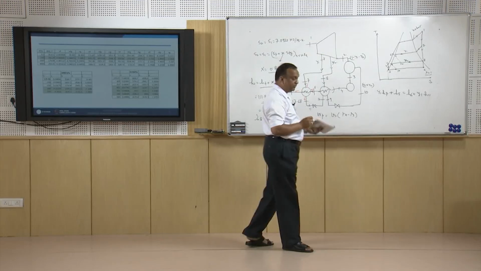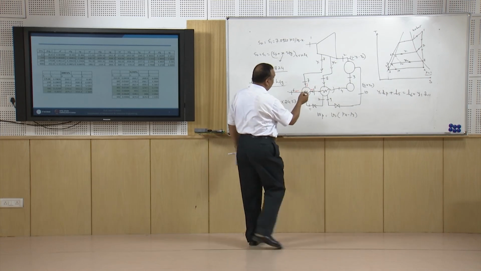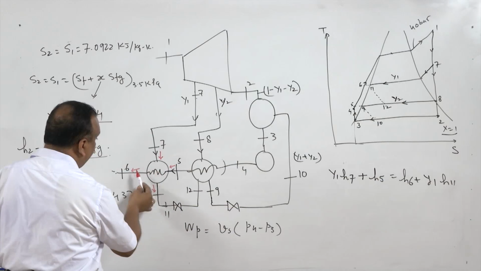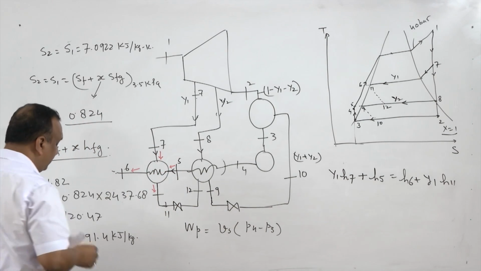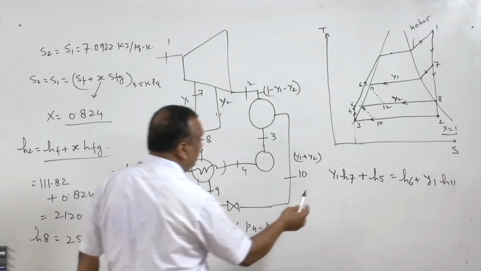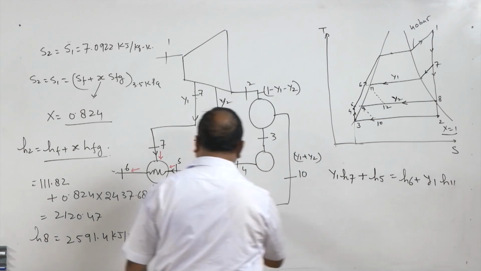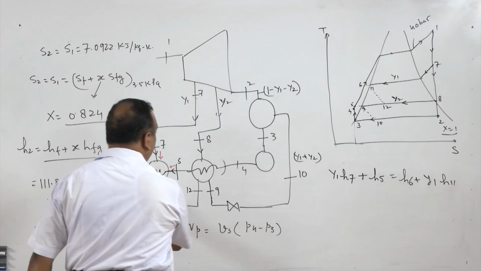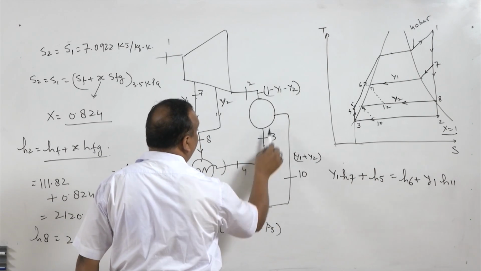Is it clear? Because this you have to understand very clearly, that the enthalpy which is coming to the heater, the sum of the enthalpy of incoming fluid, is equal to the sum of the enthalpy of outgoing fluid. So incoming fluid enthalpy is Y1 H7 plus H5, plus is equal to H6, because 1 minus Y1 minus Y2 plus Y1 plus Y2 will make 1.